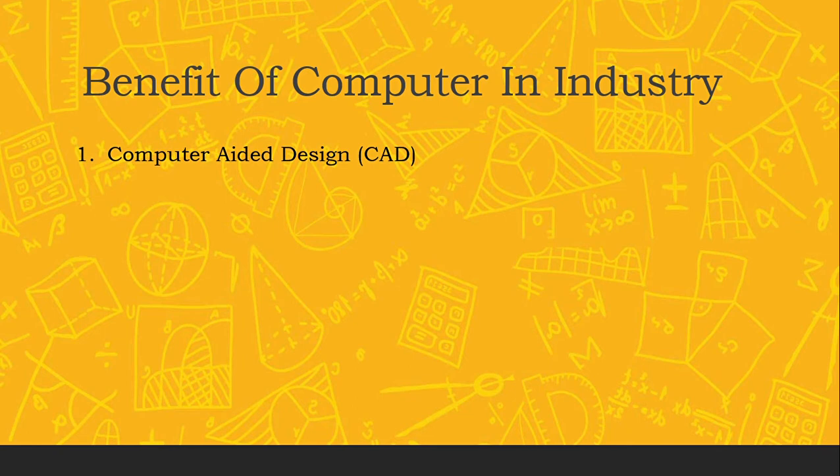From the name alone, it can be seen that this computer is for design. Most of them are three-dimensional applications in the industrial world. This type of computer can be used to create a packaging design for a product. It can also be used to design brochures or pamphlets that will be used as promotional media.